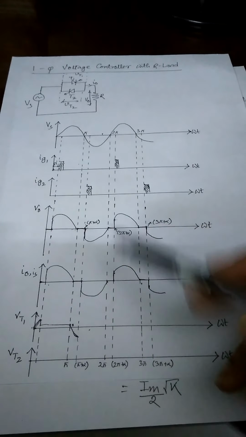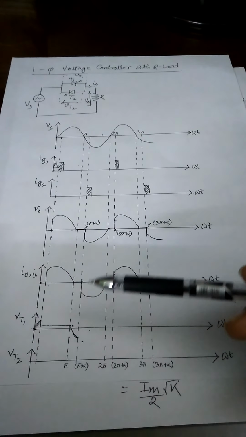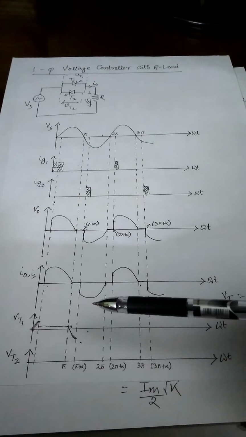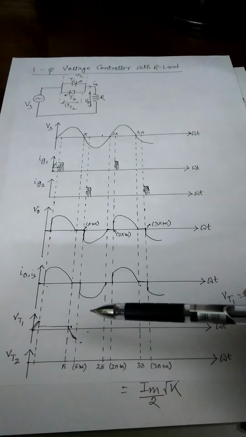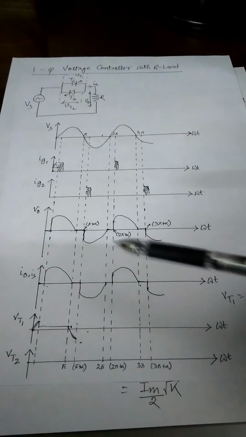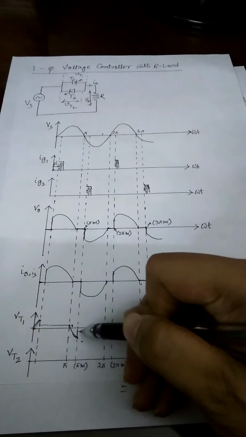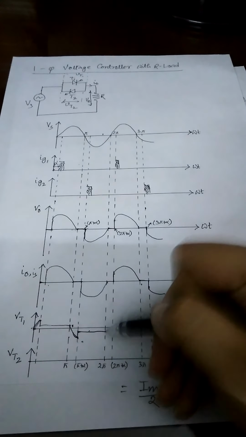Now at pi plus alpha, the T2 is going to be in conducting mode. So as T2 is in conducting mode, that means T1 is now reverse biased by the voltage drop across T2, that is 1 to 1.5 volt. So again it is going to follow the flat envelope like this.